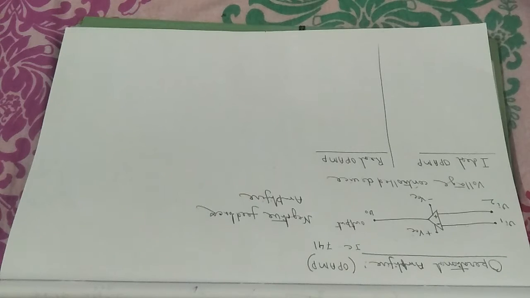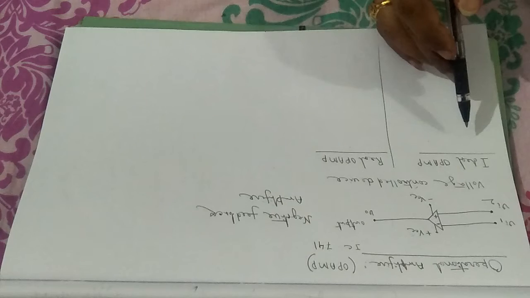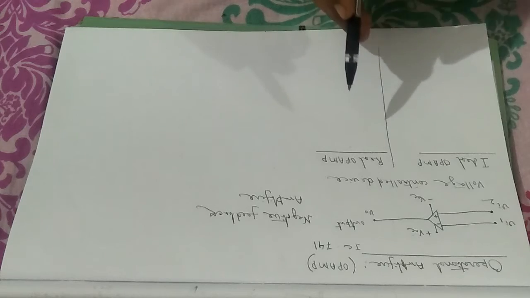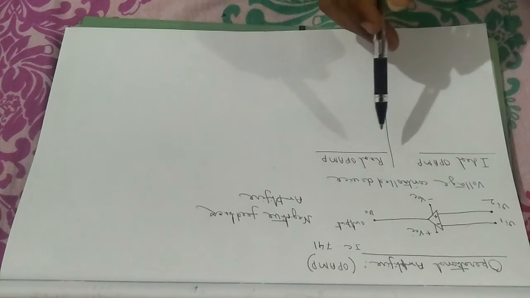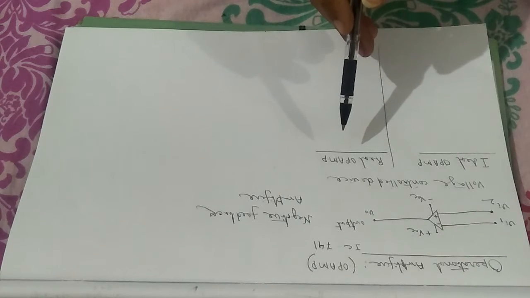So with application of temperature, the real op-amp will change its characteristics to a certain extent. Its slew rate is infinity in case of ideal op-amp, but slew rate is high but not infinity in case of real op-amp. The input bias current is 0 for ideal op-amp, but not 0 in case of real op-amp.